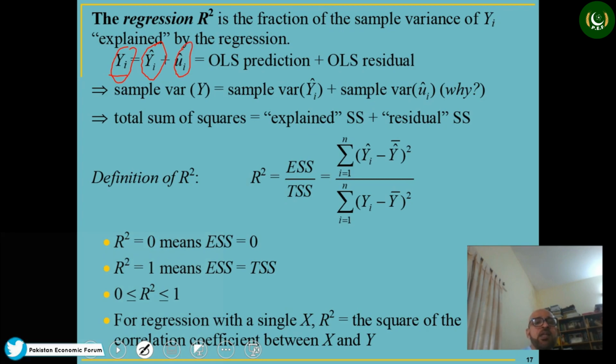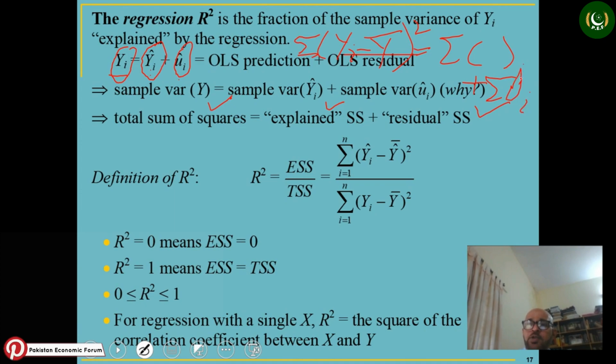When we take its mean, y bar, y hat bar, u hat bar, and do subtraction and a little mathematics, we get the total sum of squares, explained sum of squares, and residual sum of squares. That is the sum of (yi minus y bar) squared, similarly the sum of (yi hat minus yi hat bar) squared, plus the sum of (ui hat minus u hat bar) squared. u hat bar is always 0, so this is the sum of ui hat squared, the residual sum of squares. This is the explained sum of squares, and this is the total sum of squares.